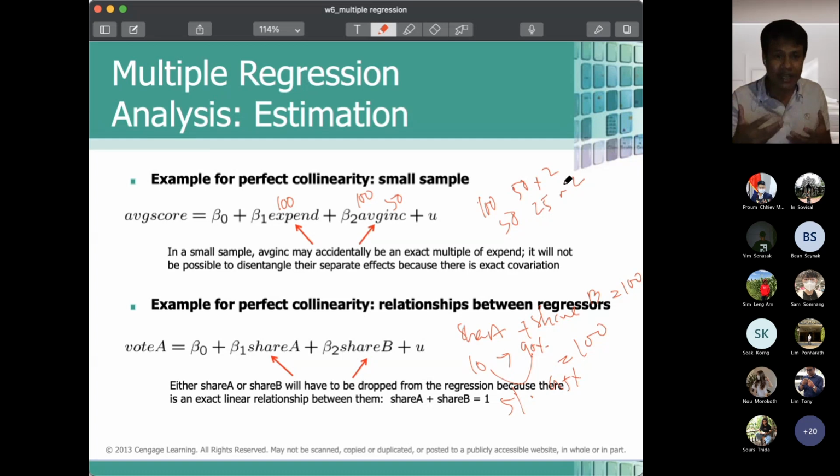So it's better not to include two variables that add up to 100%. But in the second example, if you use expenditure, the amount spent on A and the amount spent on B, that is a different story because they do not add up to 100%. They are correlated, but not perfectly. All right.